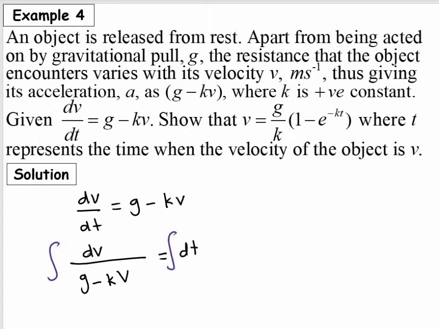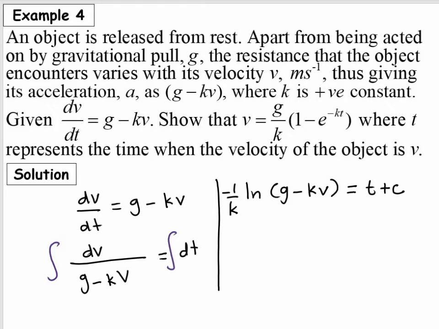Integrating our left hand side, we get ln g minus kv, but don't forget to differentiate g minus kv with respect to v, so we have negative 1 over k. Then you integrate dt, the answer will be t plus c.